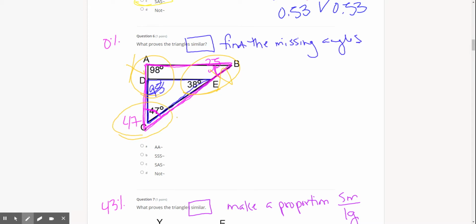Yeah. So I have one angle pair. So I've got one angle, but not the other. I don't have any sides, so it's definitely not that. So I think I've got to choose D because I don't have enough angles that match. Every time you have the angle, that's one set of angles and then another set of angles. One pair from each triangle. Does that make sense a little bit?